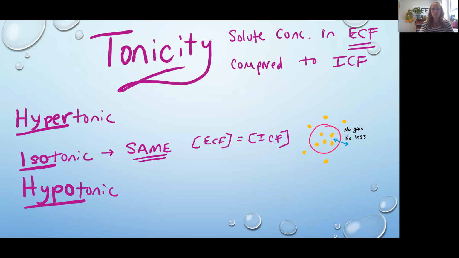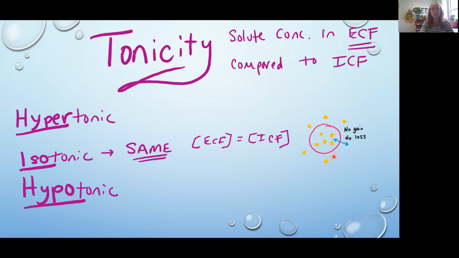And I've just done this a real basic sort of shorthand here, super summarized. But here's your basic picture. We have the same number of dots. We have 5 solute inside the cell, 5 solute outside of the cell.